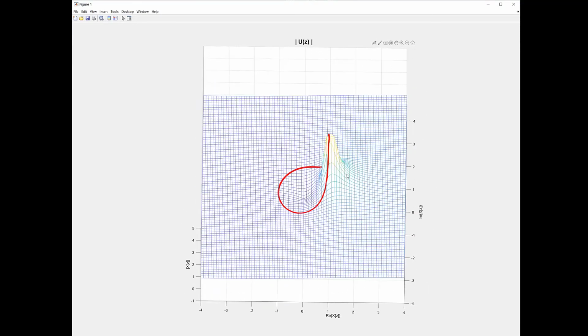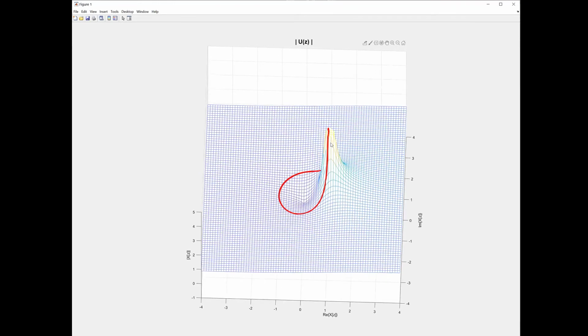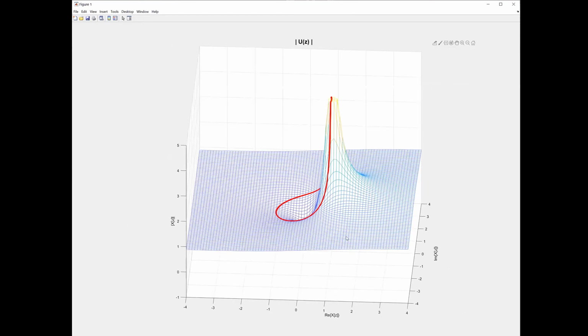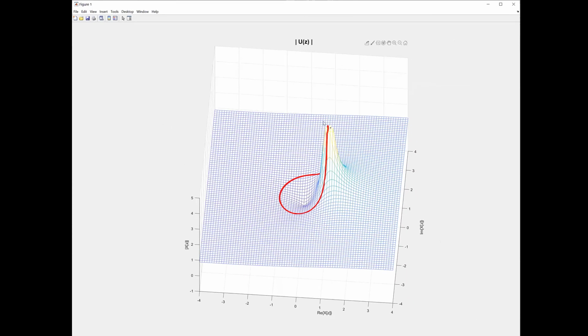And so it has some of that high frequency energy. So there's its DTFT evaluated right around here. Its DTFT at pi would be right around here, so it would have a magnitude of about 1/2. And then it would grow all the way up to infinity back at 0 and at 2 pi.